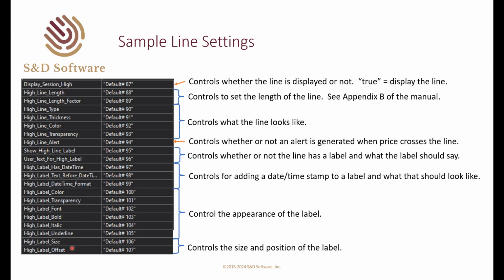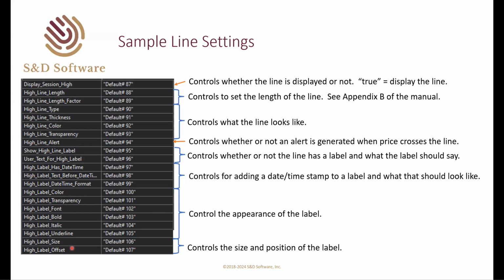And what it does is it allows you to adjust the distance between the line and the label. So you can increase that distance if you wish for some reason. So it looks like a lot of settings, but really they're just broken up into little groups. And if you take them a group at a time, it's not that hard at all.